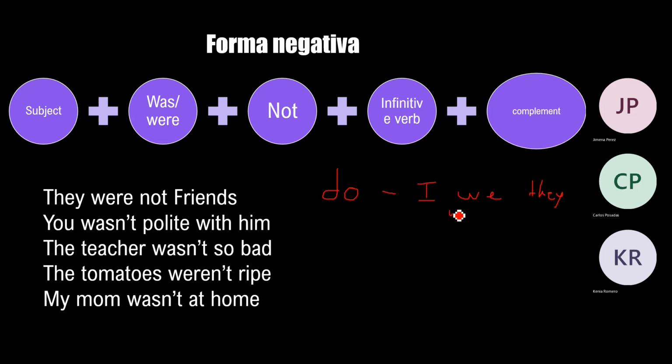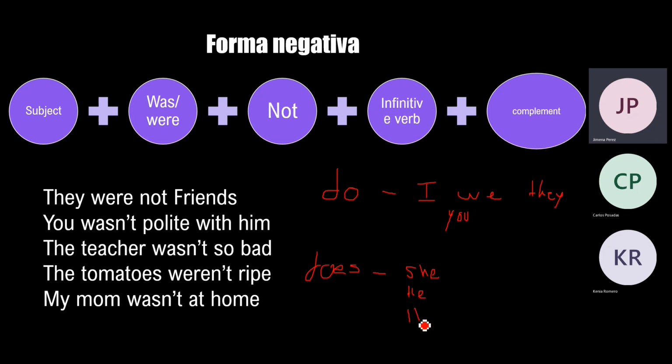Y escribimos does siempre y cuando mi sujeto sea she, he and it, ¿vale? Pero aquí en pasado, yo no voy a escribir do o does. Yo voy a usar mi verbo do, pero en pasado. Y mi verbo do en pasado es did.